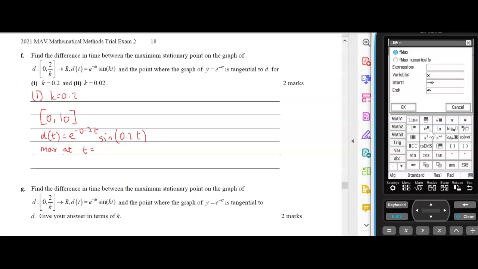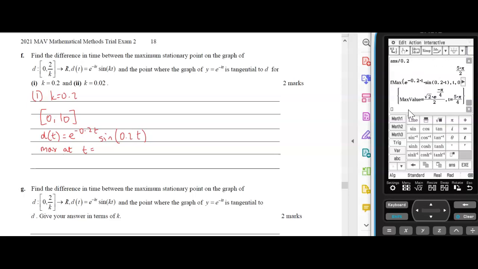Okay, so we've got e to the negative 0.2t times sine 0.2t and t, and we're only going from 0 to 10. All right, so that's at t equals 5 pi on 4.